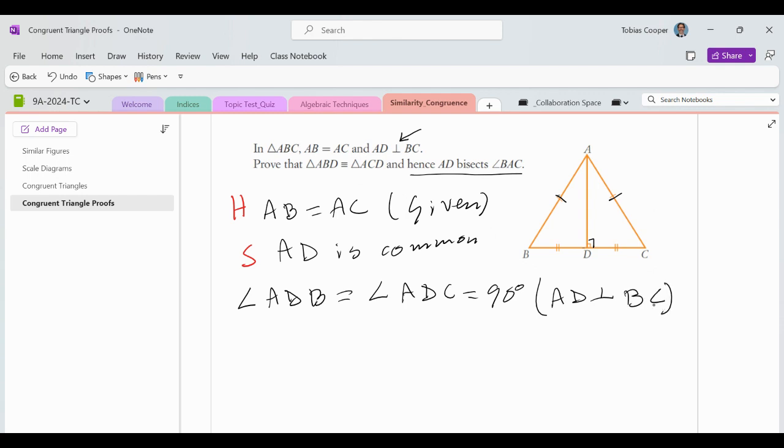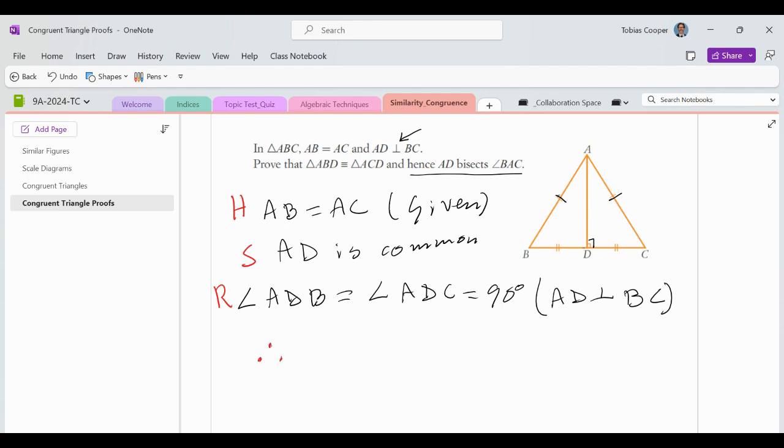We're actually given that information, but we should write that as perpendicular. Okay, so if you've got hypotenuse side and we've shown that there's a right angle in both triangles, we have RHS, don't we? We can now write our congruency statement.